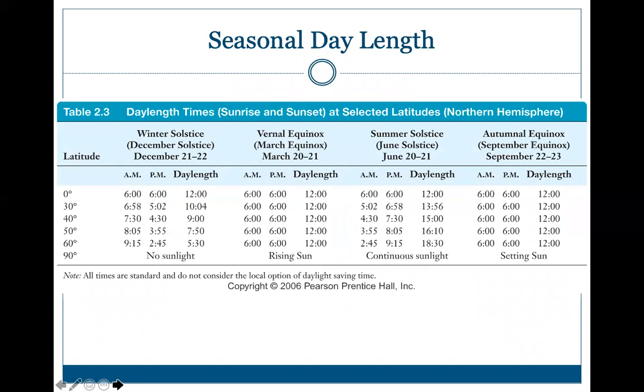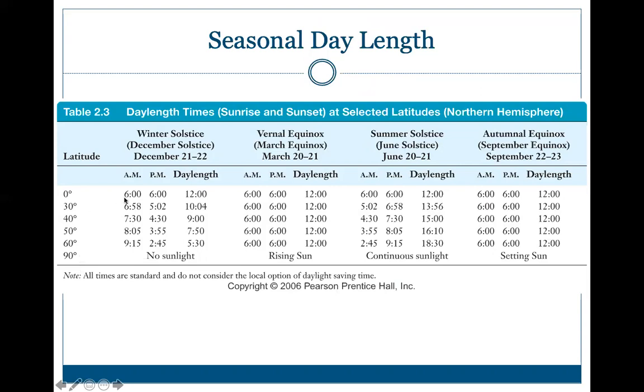This is the day length chart, and we've already been talking about it, but let's just look. Here's the winter solstice, then the spring equinox, summer solstice, and fall equinox. Here are the latitudes, 0 to 90.